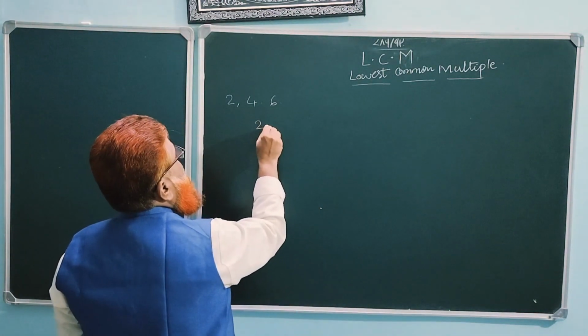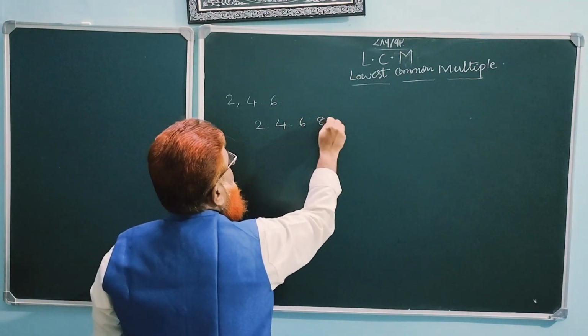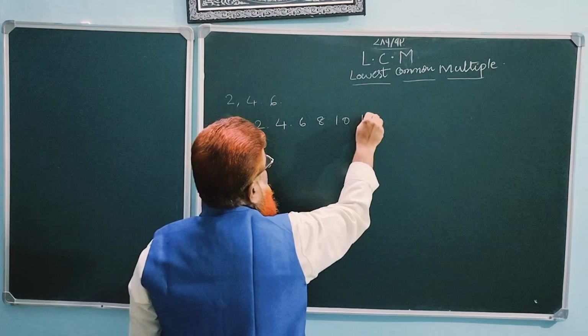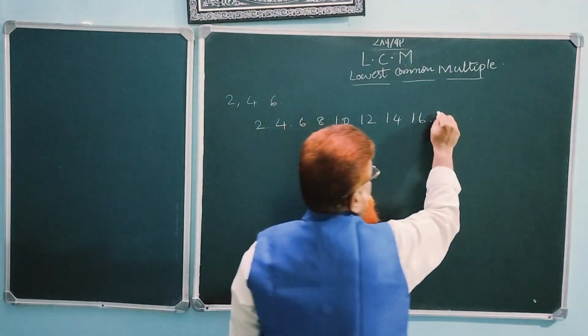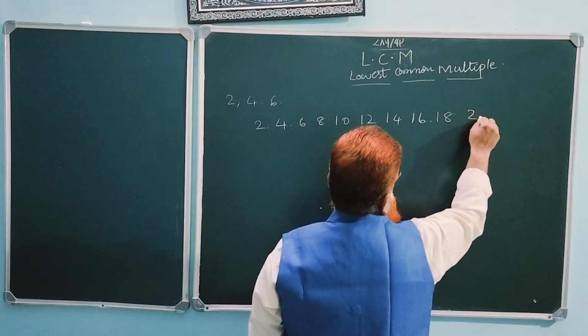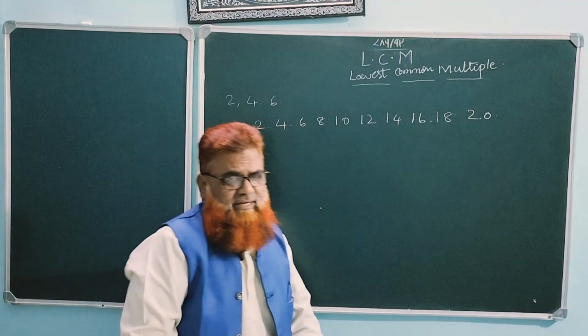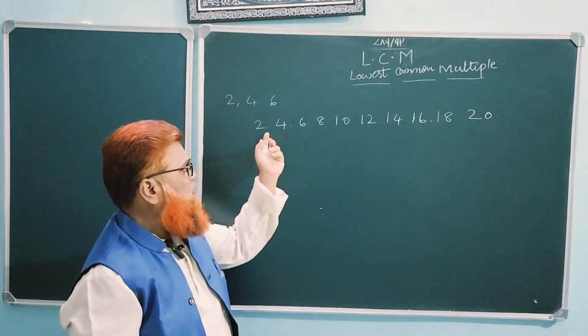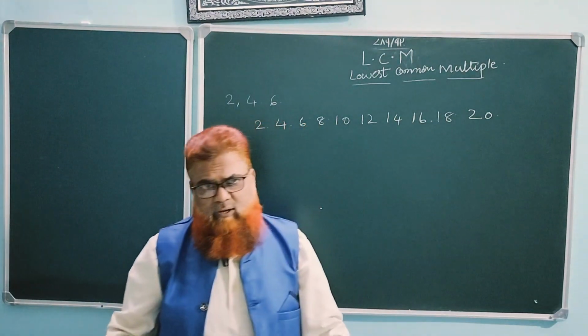Write the multiples of 2: 2, 4, 6, 8, 10, 12, 14, 16, 18, 20. You may know that it is the table of 2, because 2 1s are 2, 2 2s are 4, and so on, 2 10s are 20.